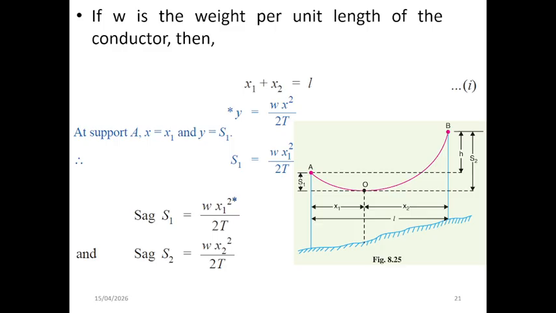You can see that the weight and tension for both equations are the same. The only parameters that change the value of the sags for these two supports are x1 and x2. So this forms the basis for further analysis of conductor behavior under uneven support conditions.